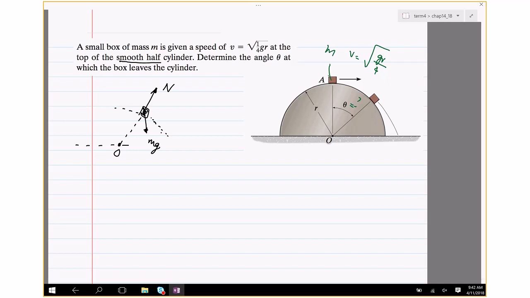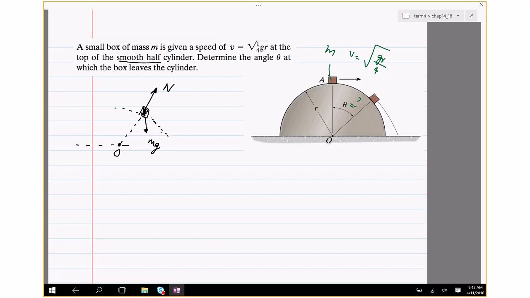Okay, since we need to set up an equation for n, we need to choose a coordinate system, right? Because we need to write the equation F equals ma in a suitable coordinate frame. For a particle going in a circle, I recommend either r theta or nt. Both of them will work equally well. Actually, r theta is fine too, but I'm just going to use nt.